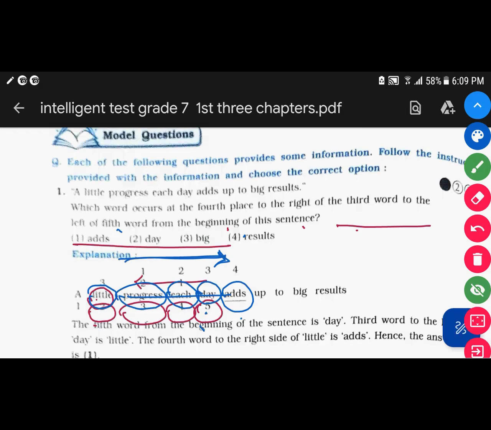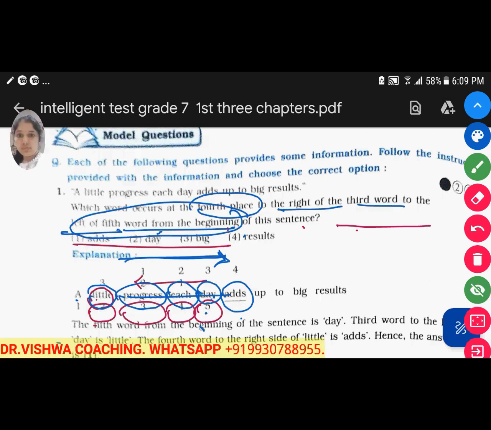Okay. Once again I will explain that we have to find the fourth place to the right of the third word which is to the left of the fifth word from the beginning. Now first we have to find the word which is fifth from the beginning, and we found that that was day, because from the beginning we calculated the words, and the word which is of the fifth number is day. Now from this fifth word, they mentioned the third word on the left hand side.